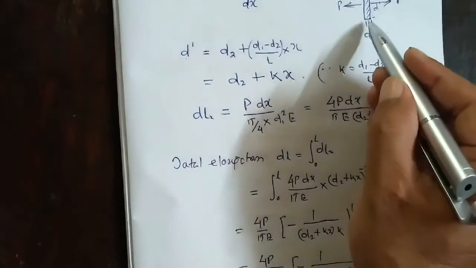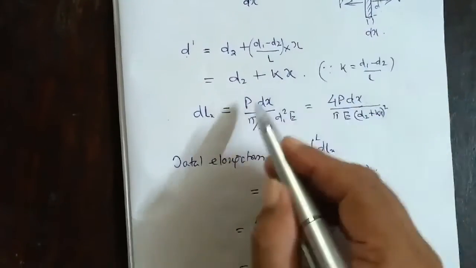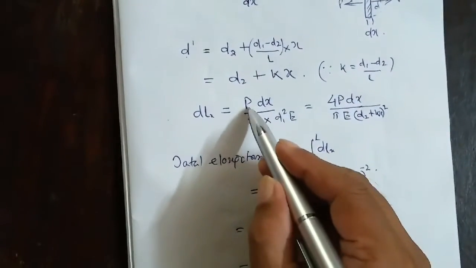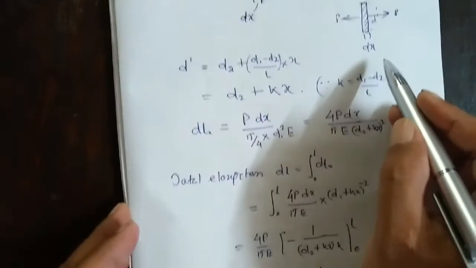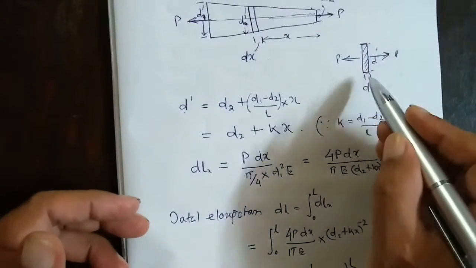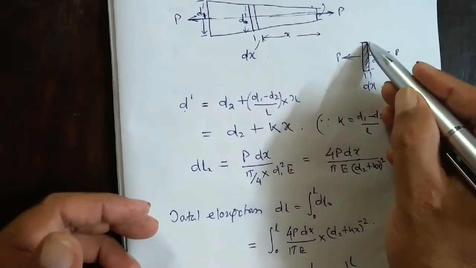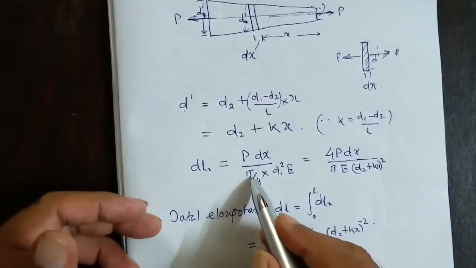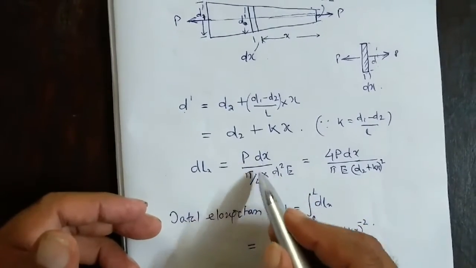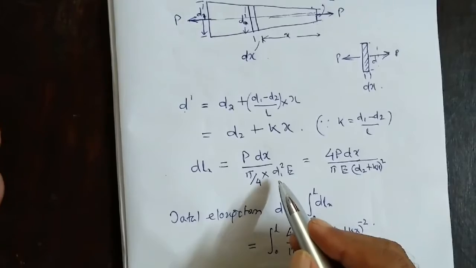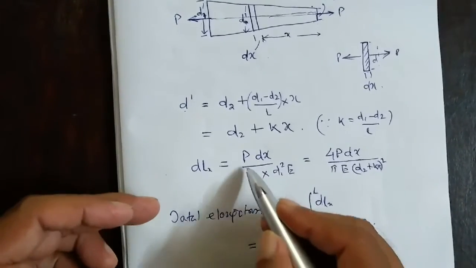Now I will find the change in length of this thin element. As usual, the change in length will be by the formula PL by AE. Here the load is P, the original length is dx, and the area is pi by 4 d dash square, with Young's modulus E. So this 4 will go to the top.